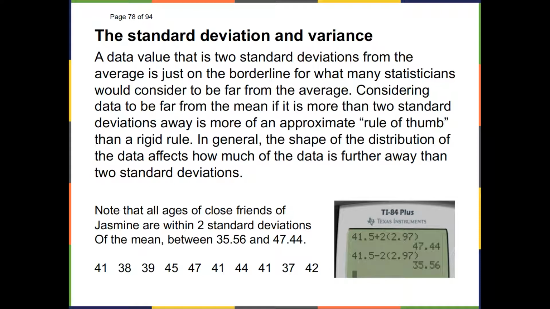Now, once you've calculated the standard deviation, what you would basically do is look for data that's within 2 standard deviations of the mean. So that would mean that for a mean of 41.5, most of our data is going to exist somewhere between 35.56 and 47.44, which is 2 standard deviations away from the mean.